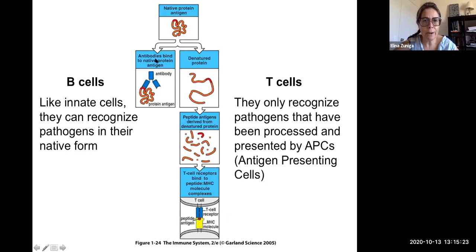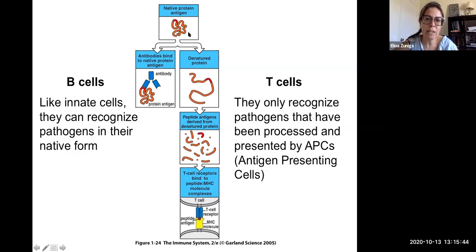Okay, so now the antigens that are recognized by the B cells and T cells are a little bit different. The B cells, like innate cells, can recognize pathogens, their products or parts, in their native form, okay?